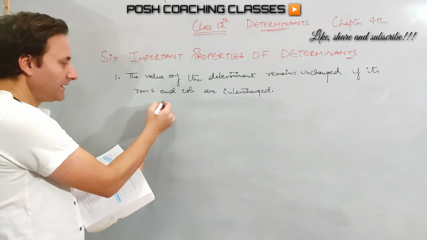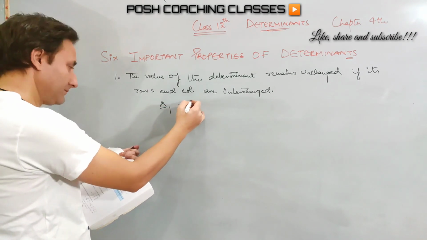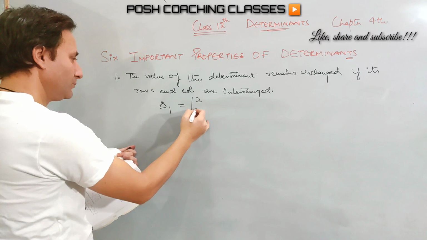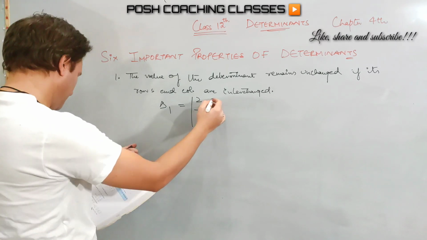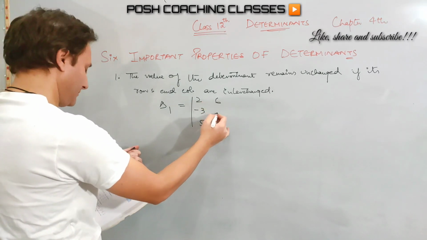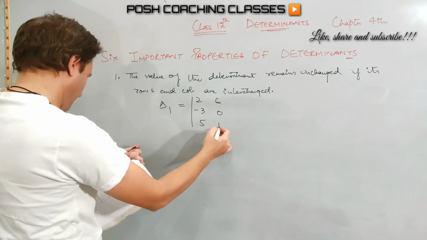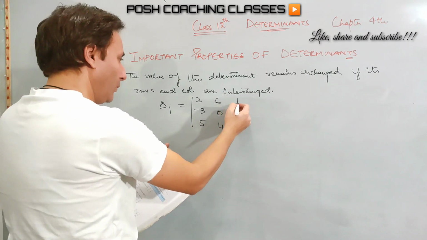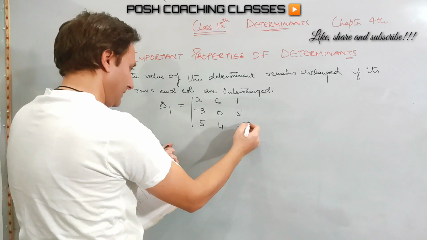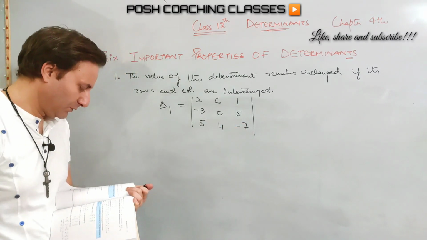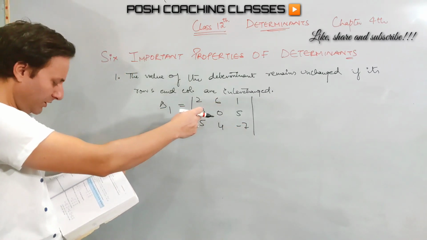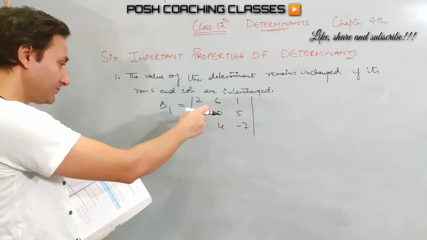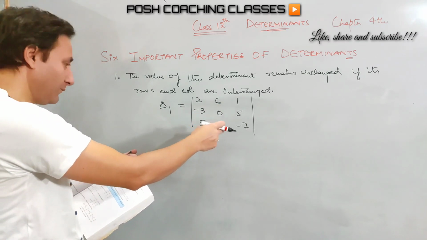Now I will take delta 1, with rows 2, 6, 1; minus 3, 0, 5; and 5, 4, minus 7.